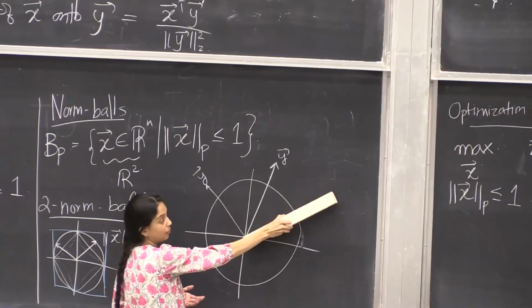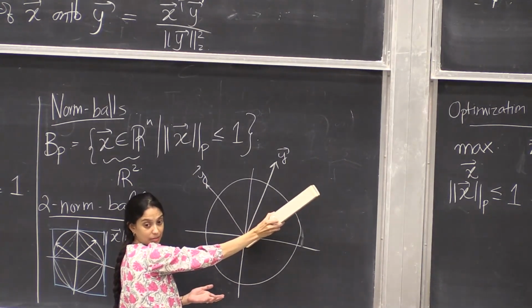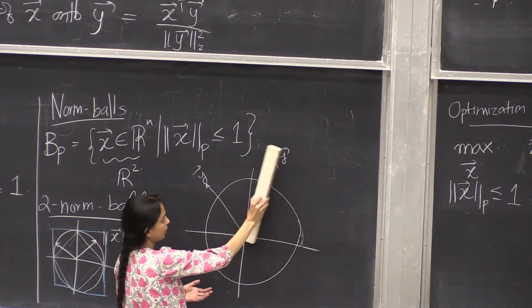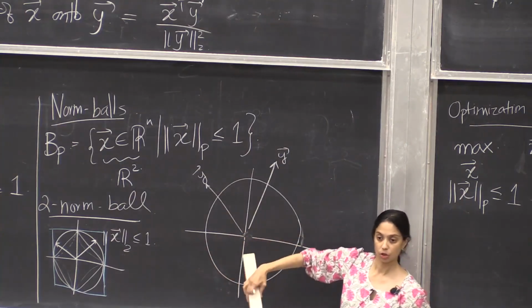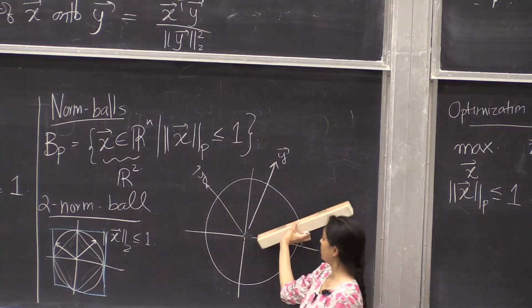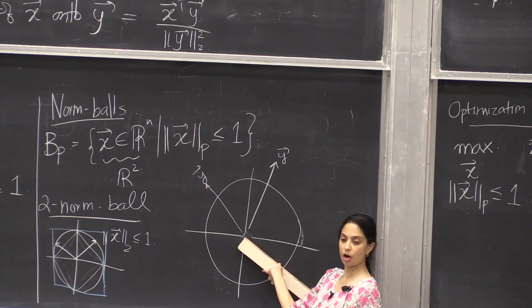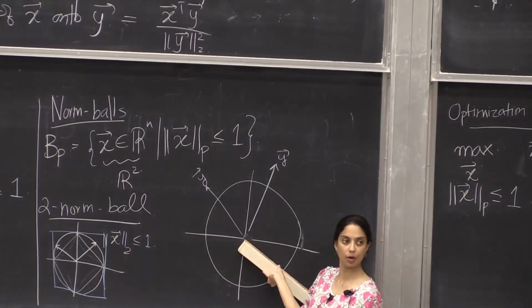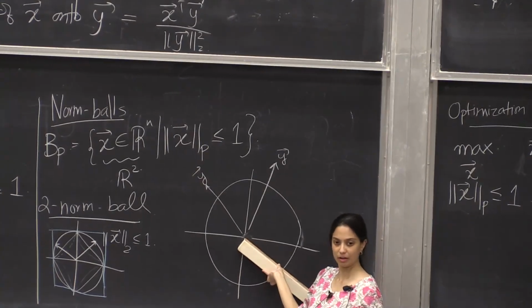I'm trying to maximize this thing, so of course I'm going to make the vector as long as I possibly can, which means exactly length 1. And I can rotate it anywhere along this circle, right? Let's say x was exactly orthogonal to y. What is the dot product between x and y? 0. Clearly a bad idea, right?